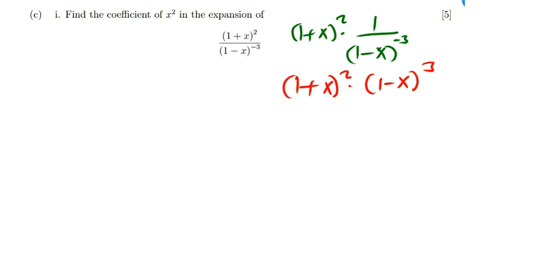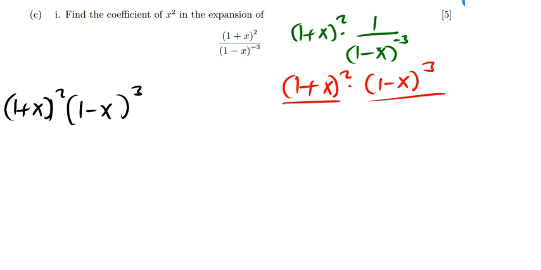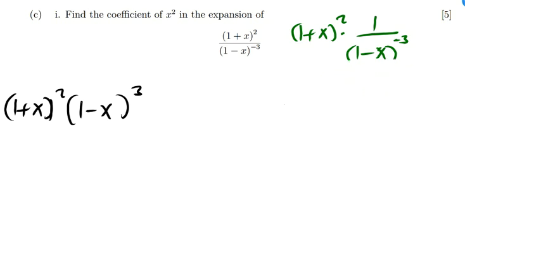So the best way to do this is just to expand this and that. Allow me to put 1 plus x to the power 2, and also 1 minus x to the power 3 here.